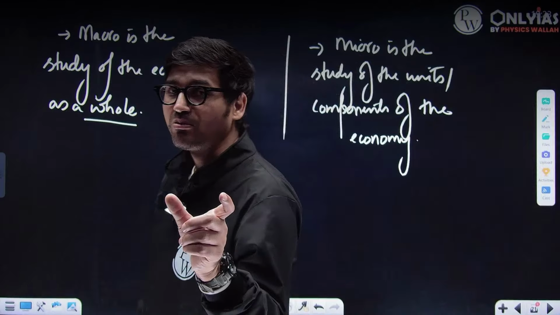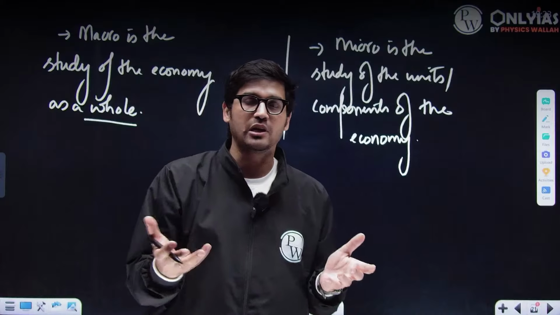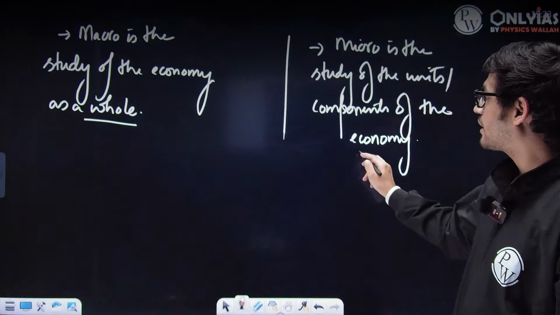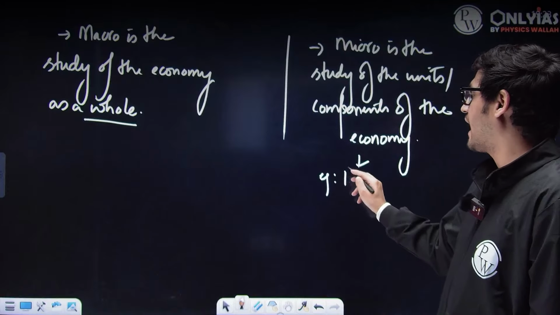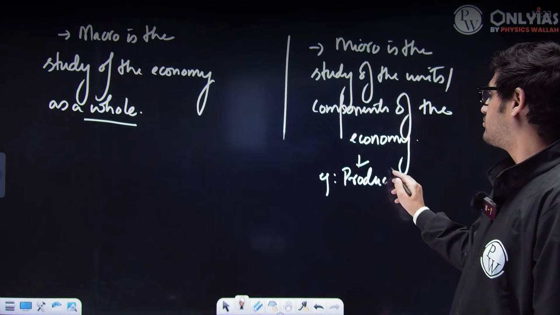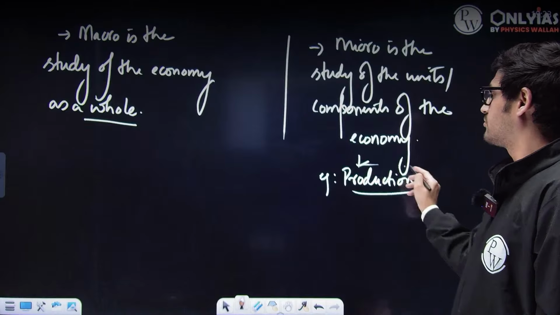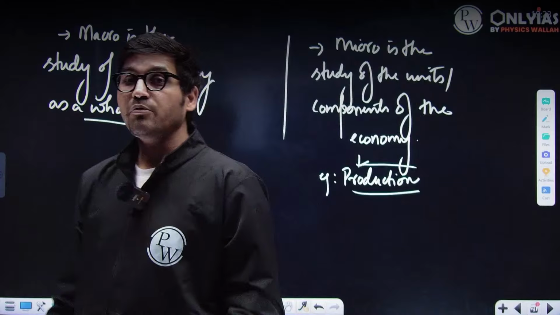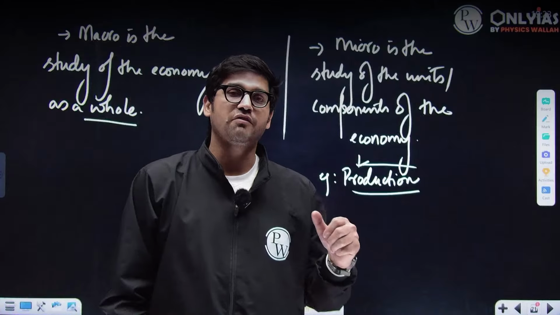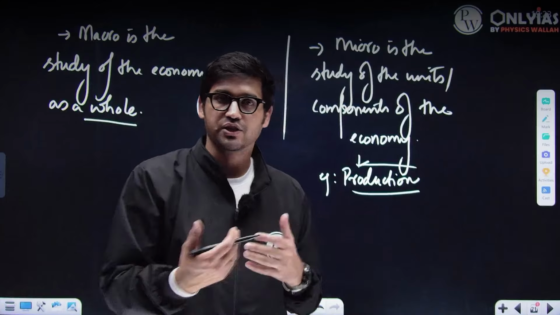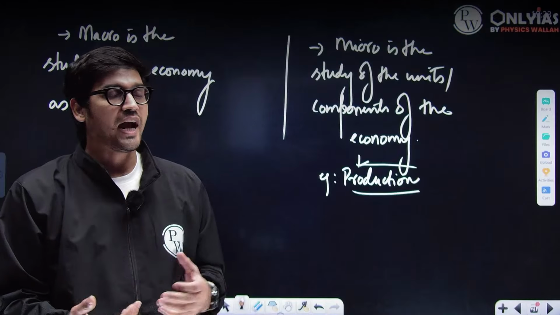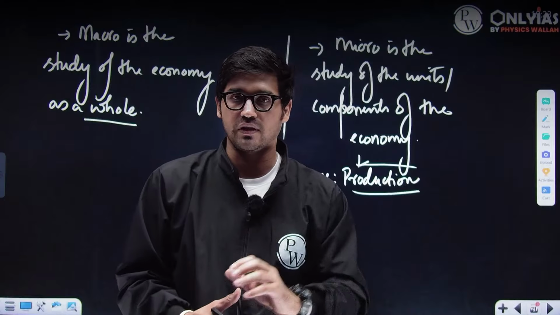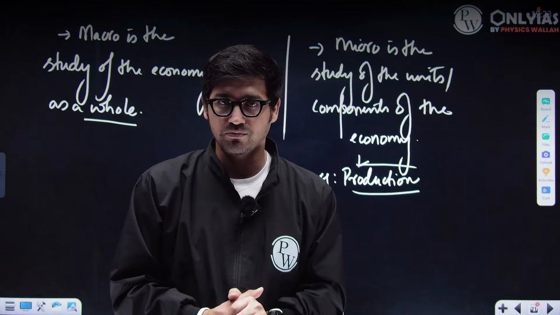Now, any economy is made up of multiple components. For example, when we were talking about production as an activity, think about production. We said production is a process which deals with the extraction of natural resources and the transformation of natural resources into goods and services which hold utility for others.